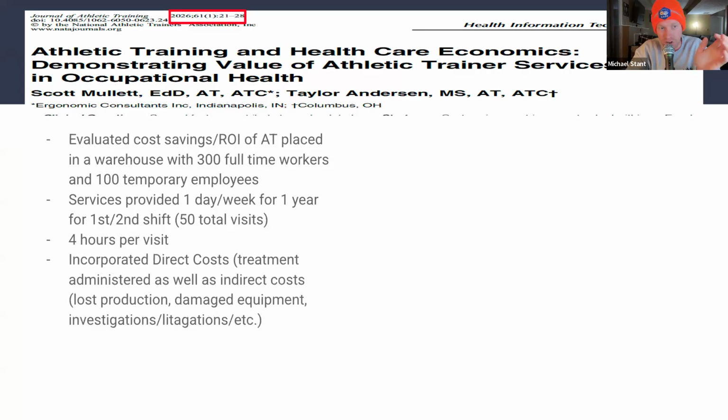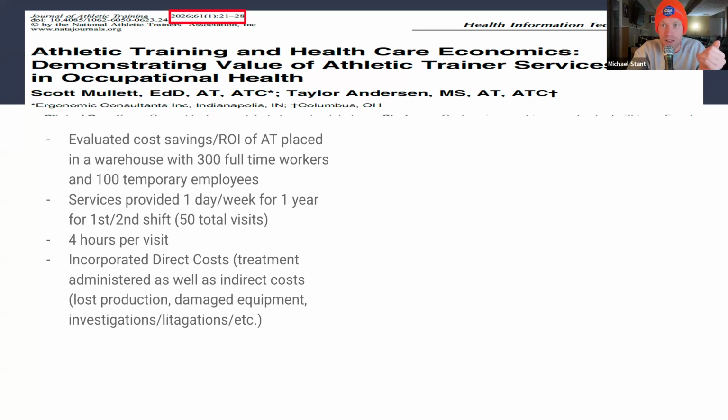They incorporate direct costs. So, right, direct costs is what I keep talking about: what is the cost of your service, as well as indirect costs? Indirect costs are things like emergency room avoidance or time savings measurements, or what they use here: the indirect cost of lost production and damaged equipment.